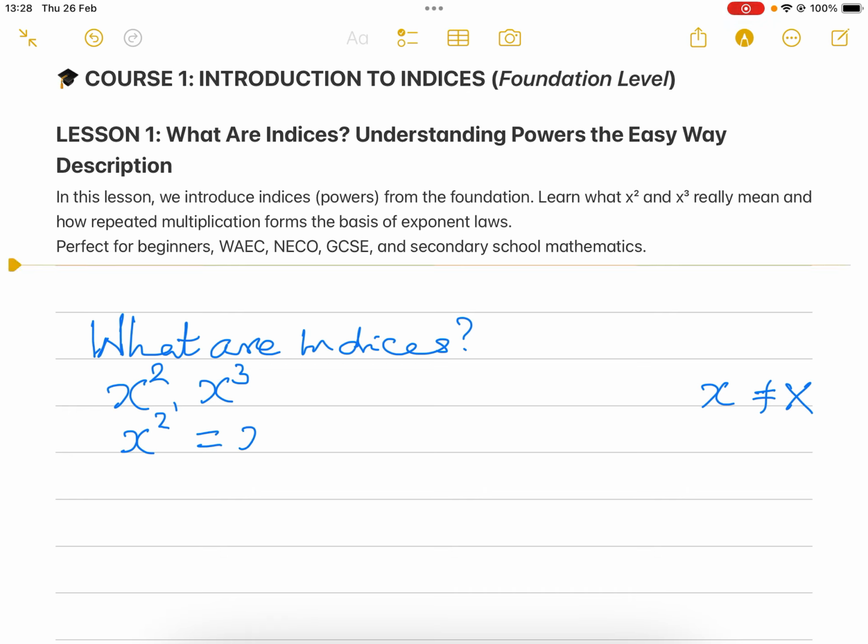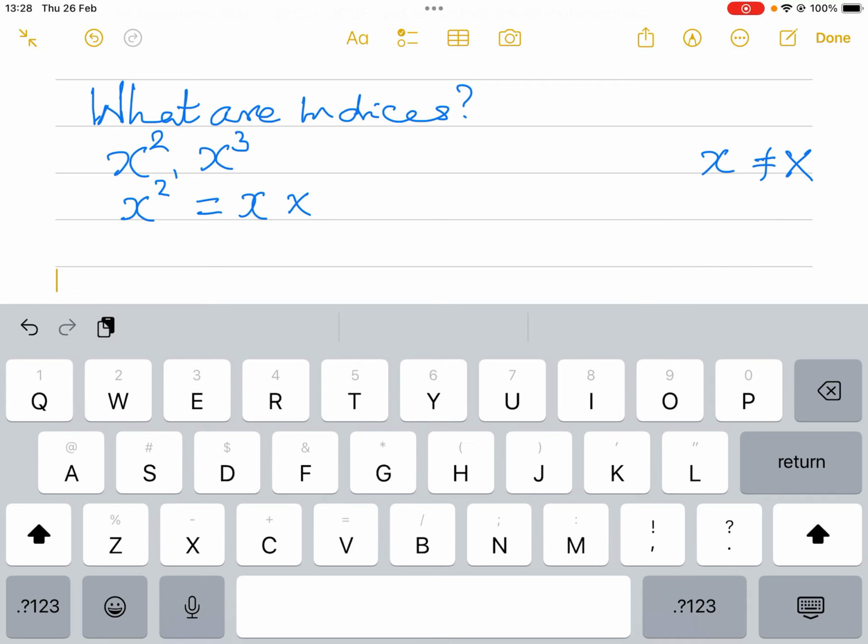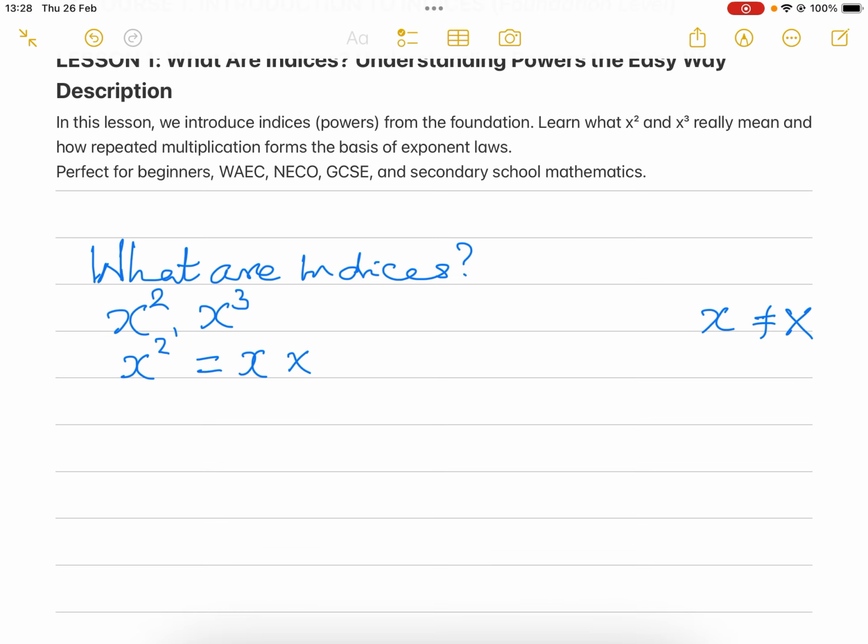For example, x raised to power 2 means that x multiplies itself 2 times: x times x. When you have x raised to power 3, it means that x multiplies itself 3 times.